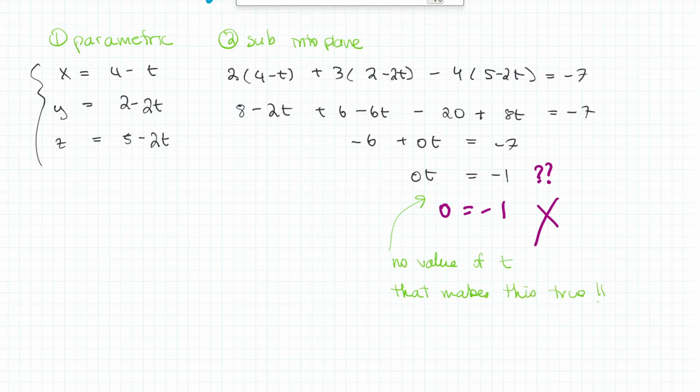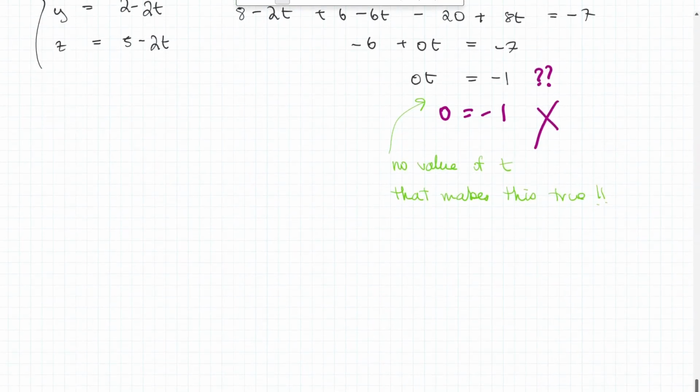So if there's no value of t that makes this true, that means that there's no solution. And what did we learn? Well, if there's no solution, that means that the plane is not intersecting with the line. So what option does that give us? That means that the line and the plane are parallel and distinct.